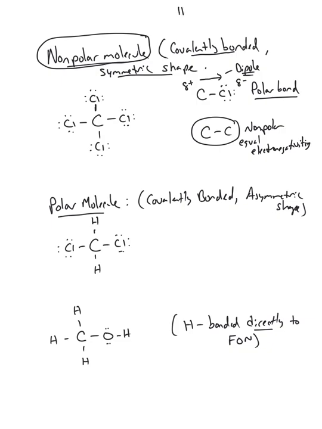So for example, a hydrogen-carbon arrow might be this big, but a hydrogen-fluorine arrow is going to be much, much larger. So for bond polarity, you're looking at how far they're separated in the periodic table. The farther they're apart, the greater the difference in electronegativities and the more polar that bond is.